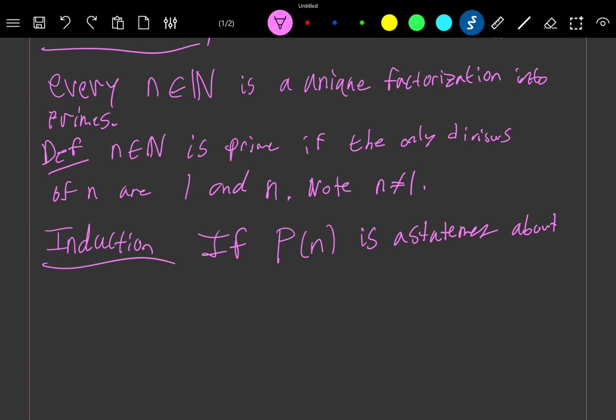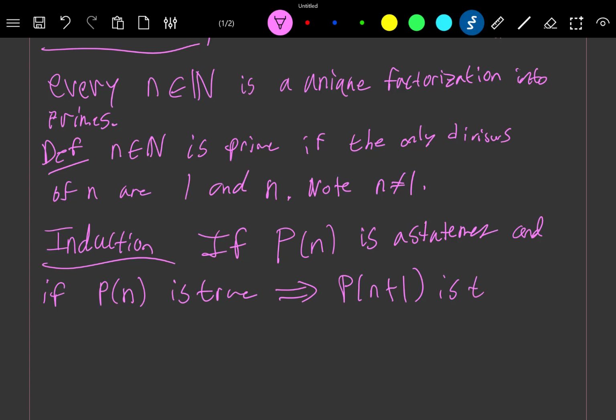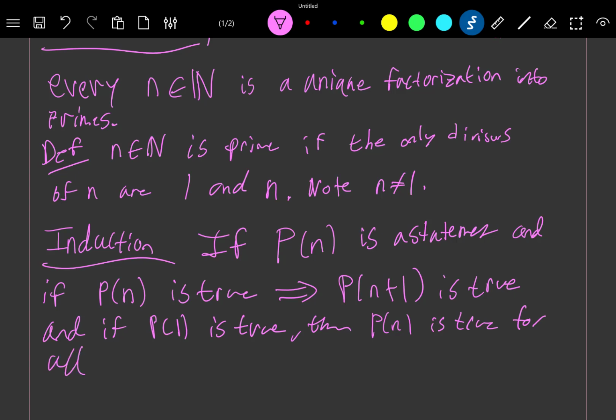If P of n is a statement, could be about the integers or something, and if P of n is true, this implies that P of n plus 1 is true, and if P of 1 is true, then P of n is true for all n in the natural numbers.